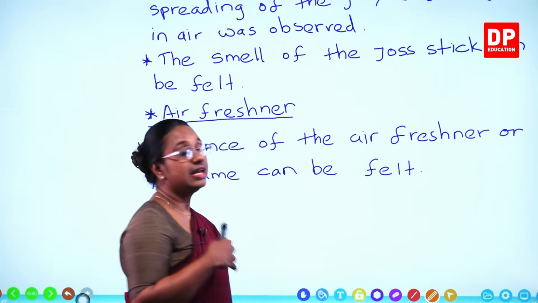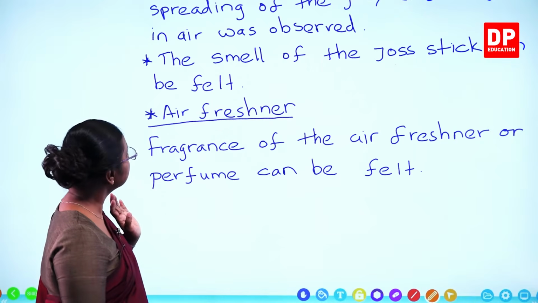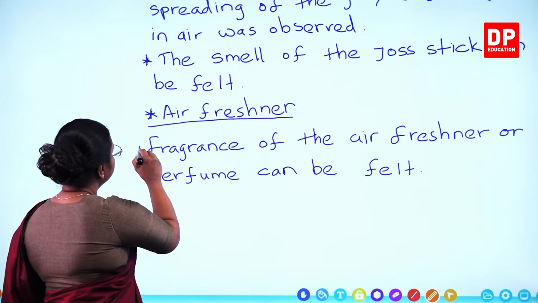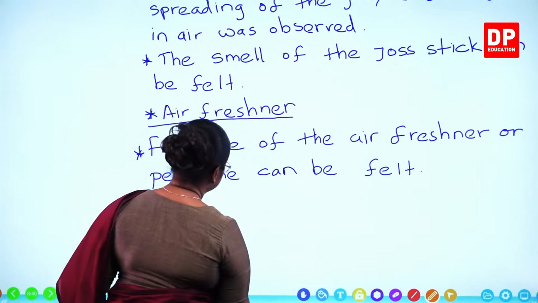Or you can say, you can smell the fragrance of the air freshener. That is the third observation. So from all these observations, we can write the discussion.